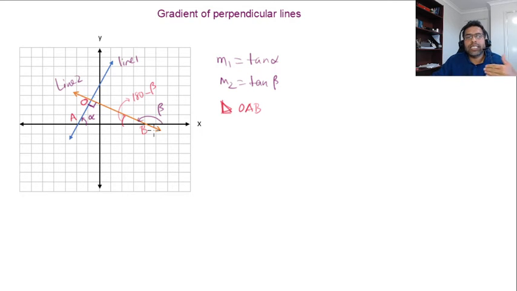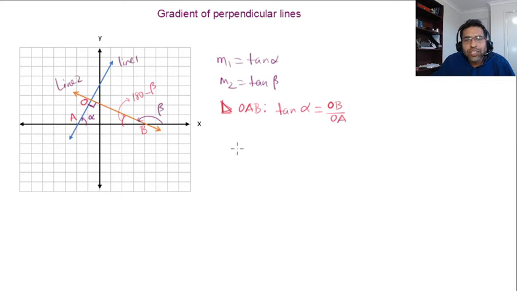If I ask what is tan alpha, it's a right angle triangle, so I can easily write down tan alpha equals opposite over adjacent, SOH CAH TOA. For alpha, OB is the opposite, and the adjacent is OA, and AB will be the hypotenuse, we know that.